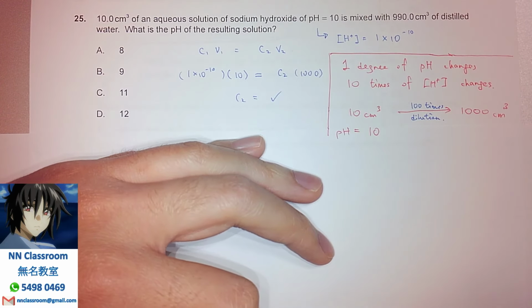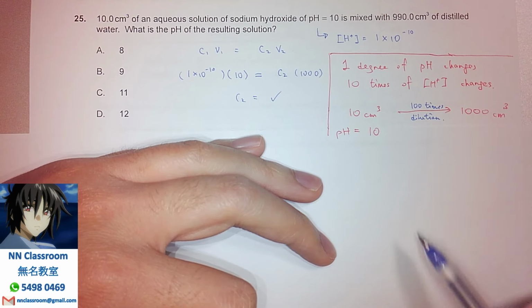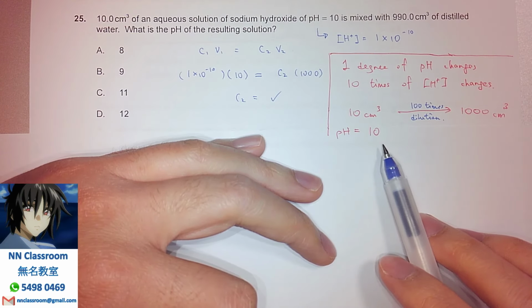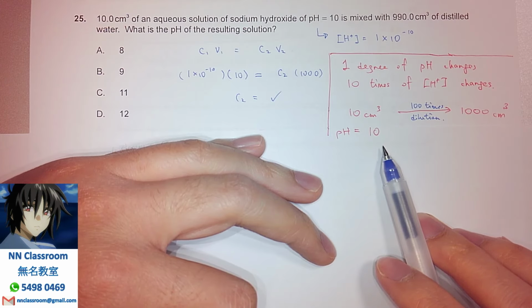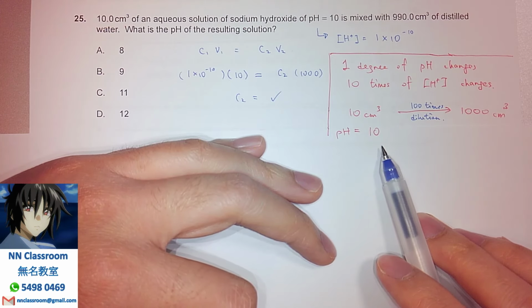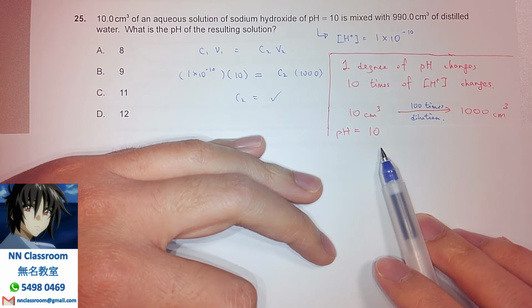Whenever it's a dilution process, the pH will be moving towards 7. No matter whether you're starting with an acidic thing or an alkaline thing, you'll be migrating to 7, because as we learn, 7 refers to water. Water is the most diluted form, with no solute.